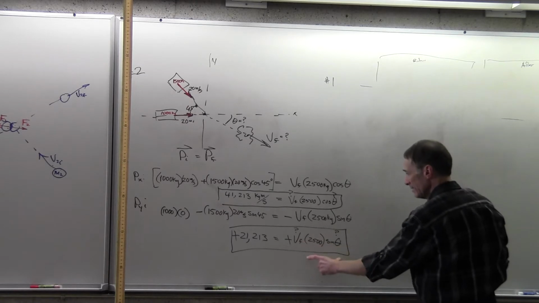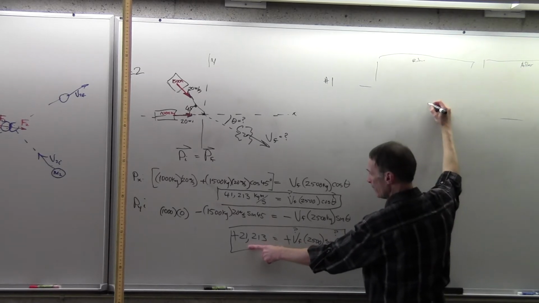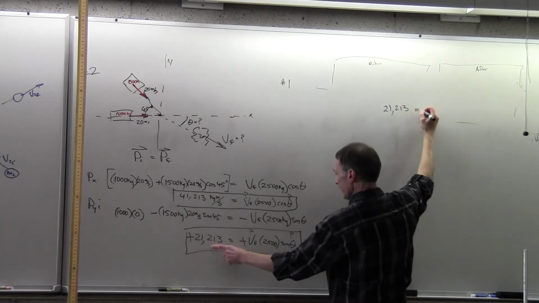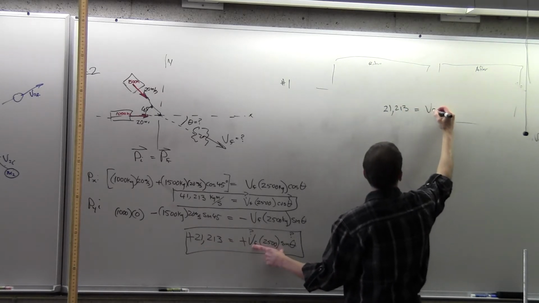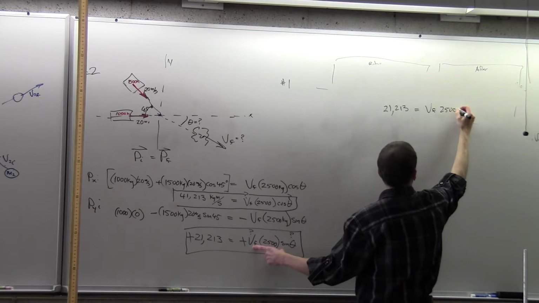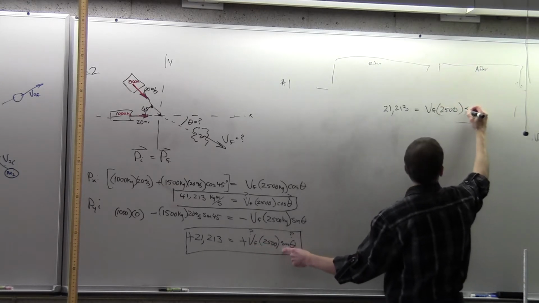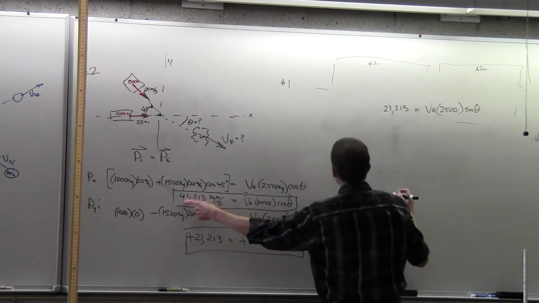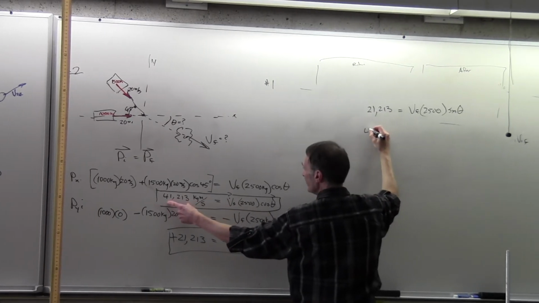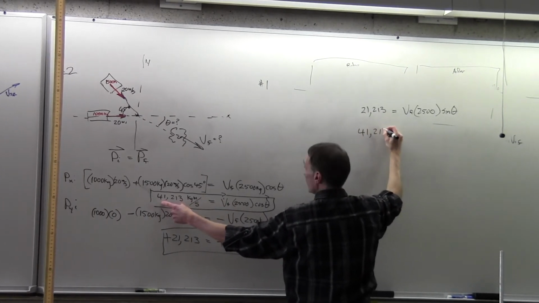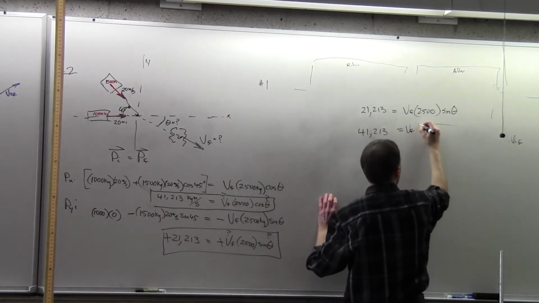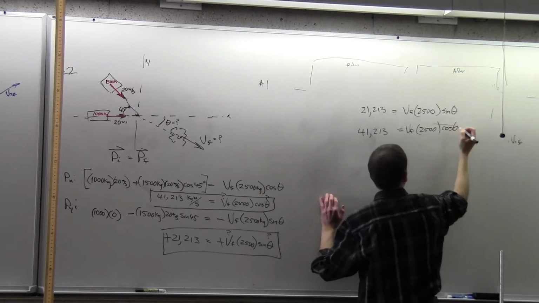If I take this one, that's 21,213 is equal to V final times 2,500 times the sine of theta. And I look at this one and I see that that's 4,100. 213 is equal to V final times 2,500 times the cosine of theta.